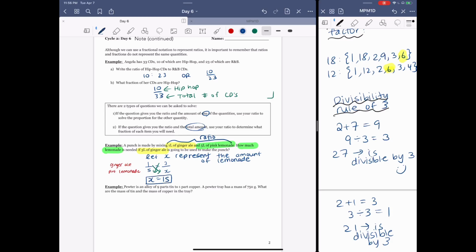And so I need to interpret the 15. I can't just leave it as x equals 15 because it's a word problem. So you do need to write a therefore statement. So therefore you would need 15 liters of the pink lemonade.